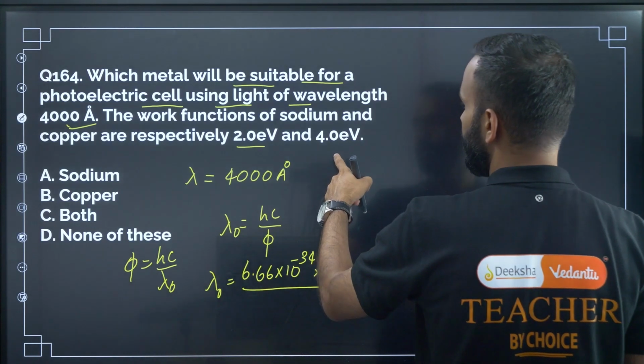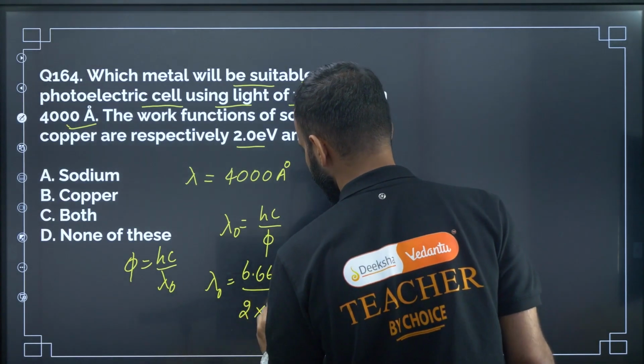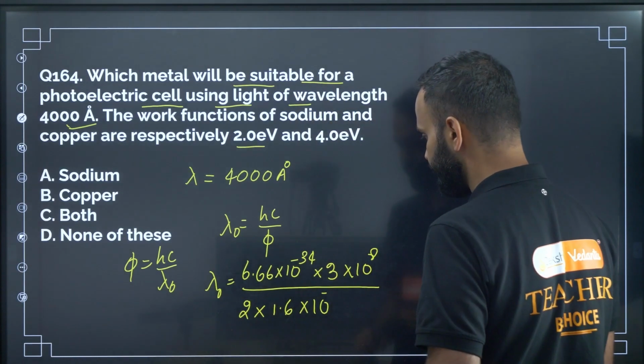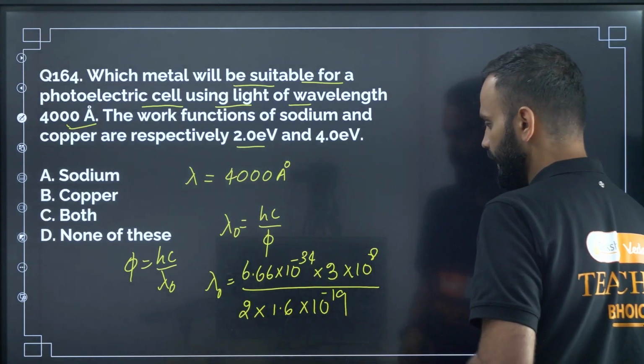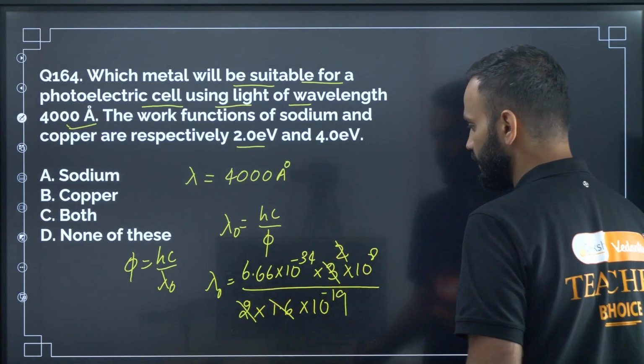For sodium, phi is 2 electron volt, that is 2 into 1.6 into 10 to the power minus 19 coulomb. So this is approximately 2, 2 will get cancelled.